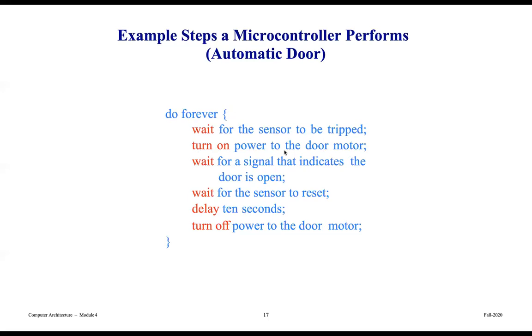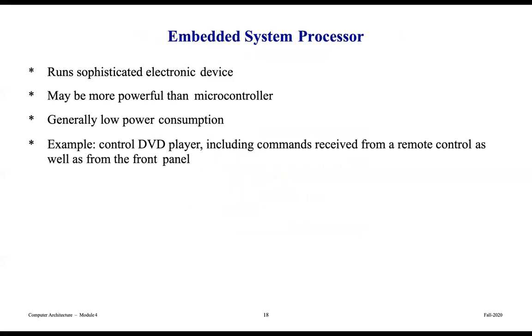The first thing, you get close to it, and it gets to a point where it needs to watch because something's going to happen. Then you step on the sensor, and as soon as that sensor is tripped, the door is opened. That sensory pad leading up to the door, or the sensor that detects that you're within 3 feet of the door, then opens it. Then it waits for the sensor to reset, and then there's a delay of, say, 10 seconds, and it turns off power to the door motor and the door closes. That's an example of where a microcontroller would excel.